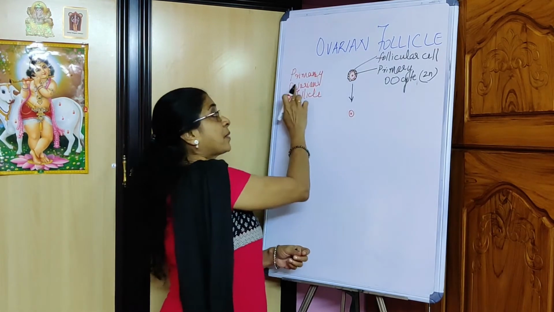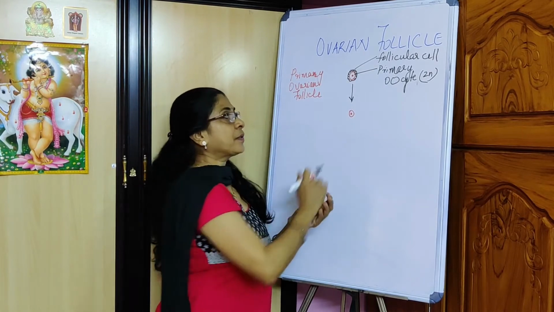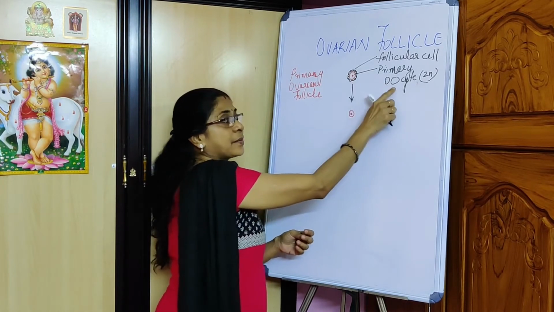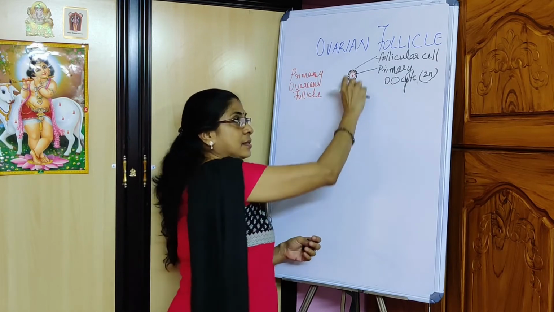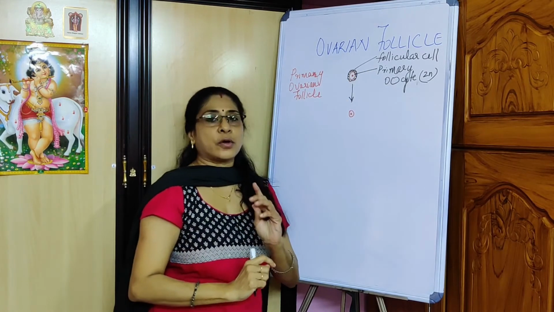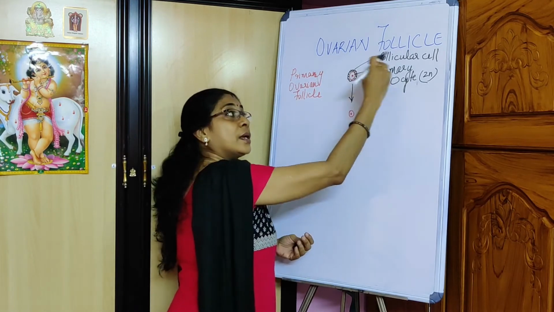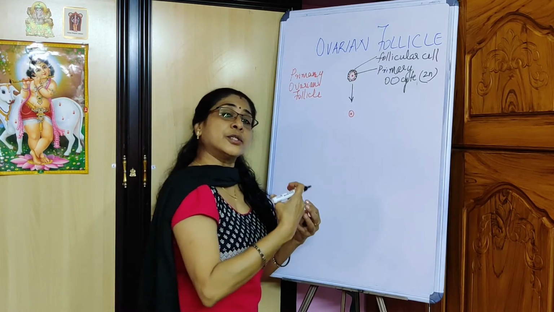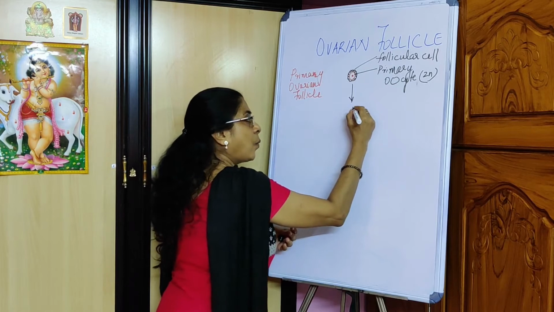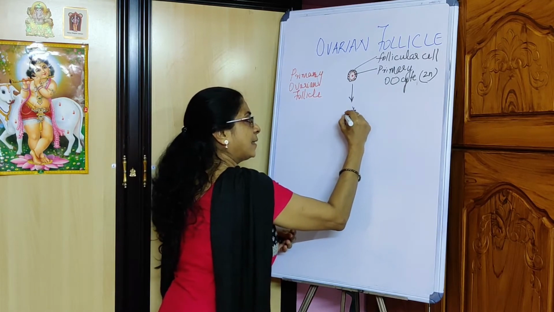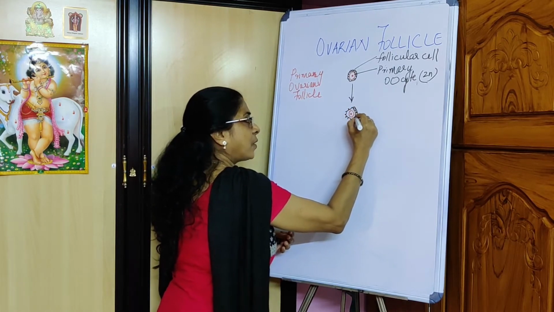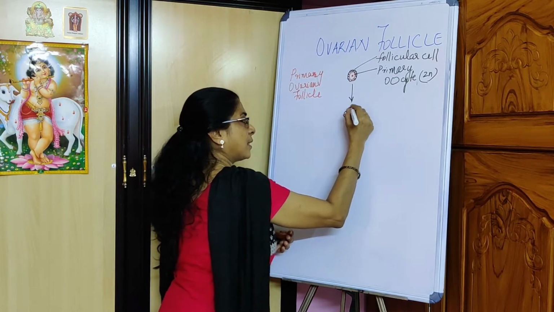So this is the primary ovarian follicle. It has a primary oocyte inside, surrounded by one layer of follicular cells. Let's see what happens next. The follicular cells continue to divide and one more layer is laid down. So we now have two layers of follicular cells.